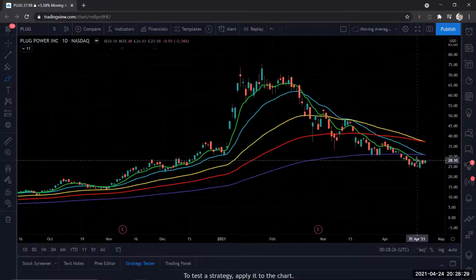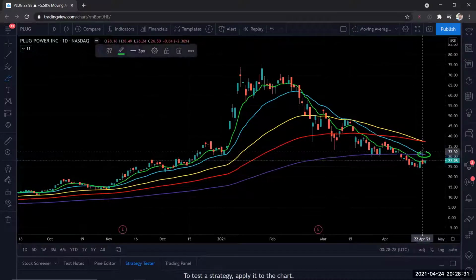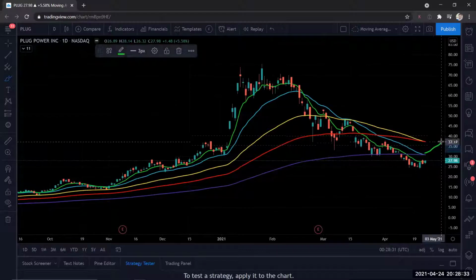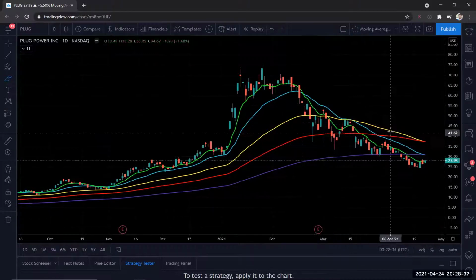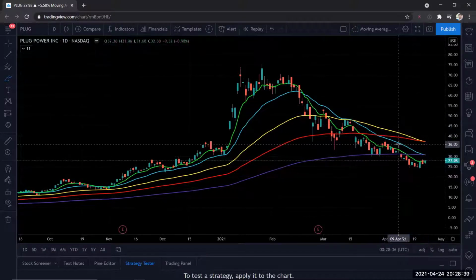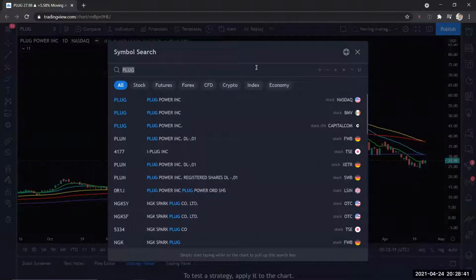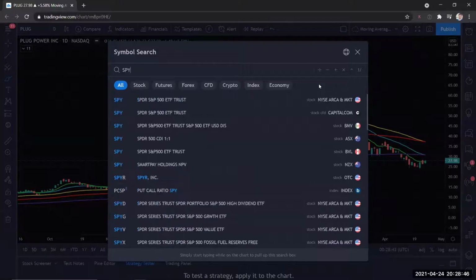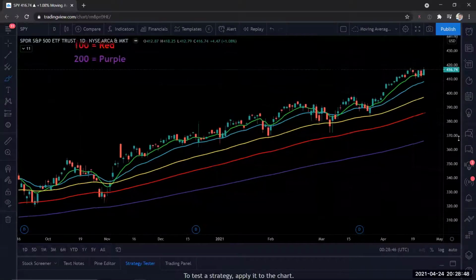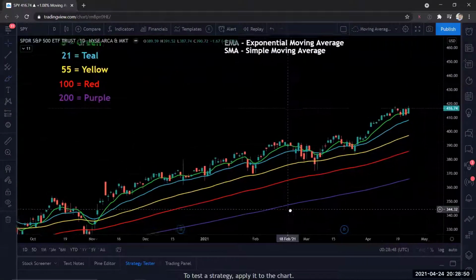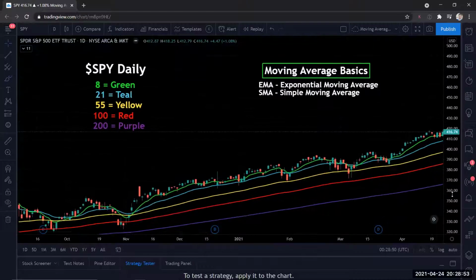If it gets above this and then it gets above these lines here, then it could start to trend higher. For now, the trend overall is still down because we are below the moving averages. So that's an opposite example. You can have a stock like Plug going down when the stock market itself, the index, and the bigger companies are still going higher.